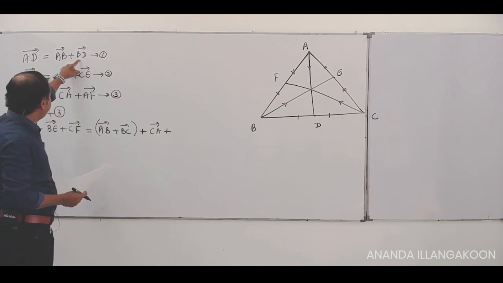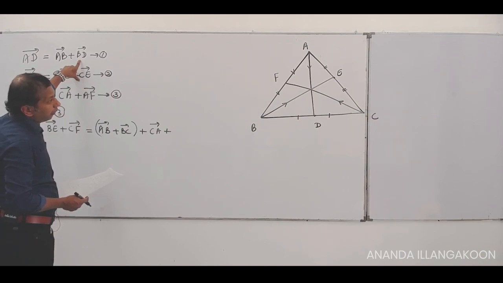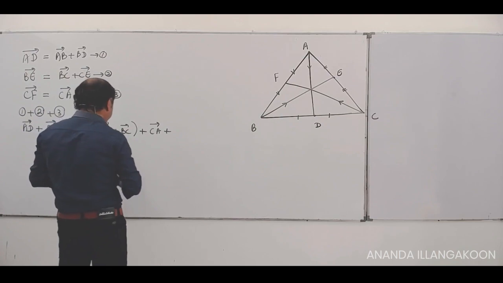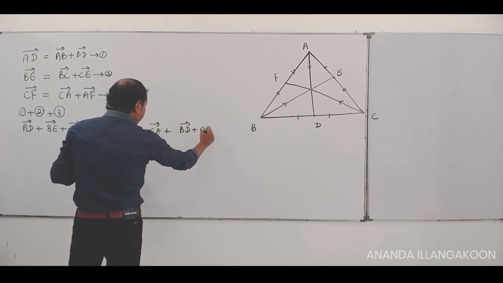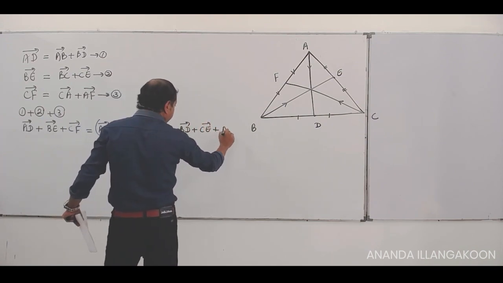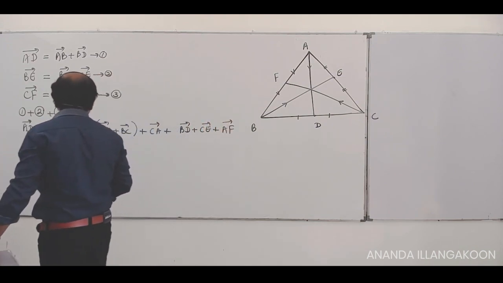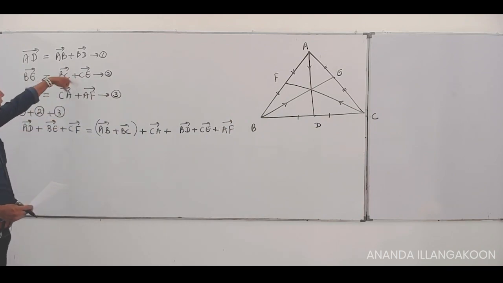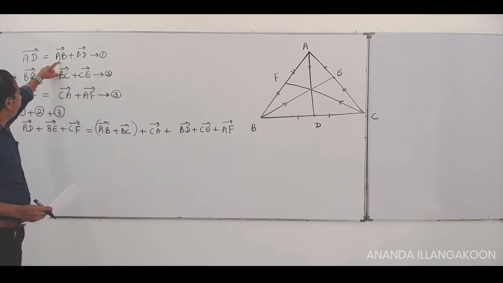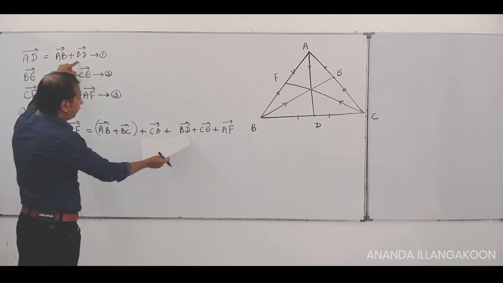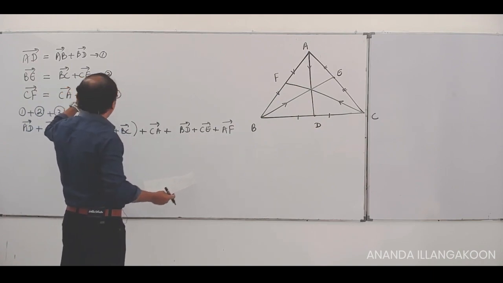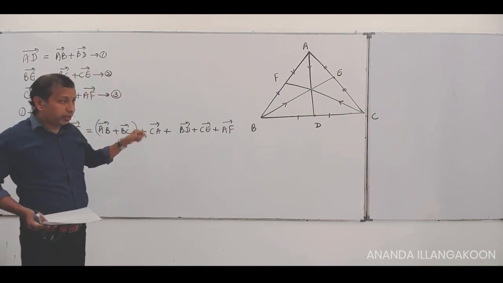Next I write BD, and I add CE and AF. Now all the terms on the right hand side are available here: AB, BC, CA, BD, CE, AF.